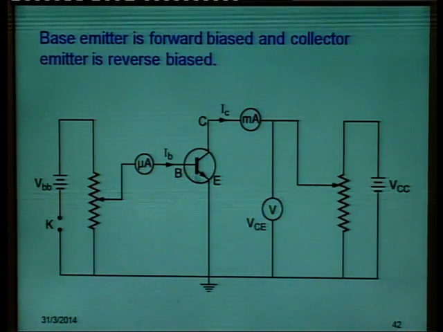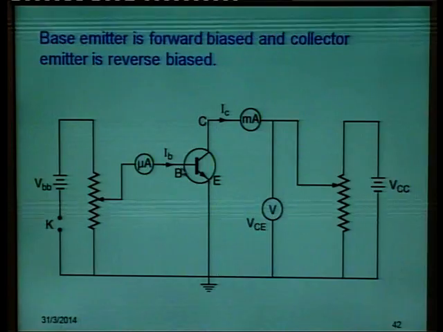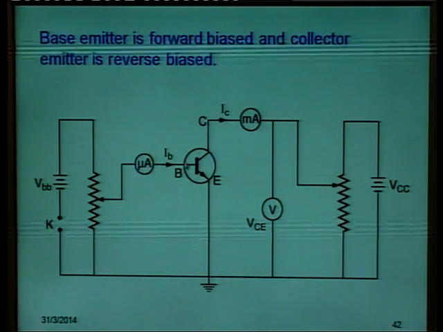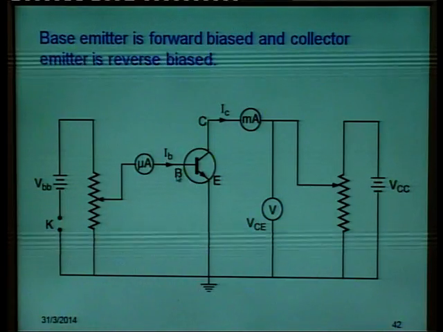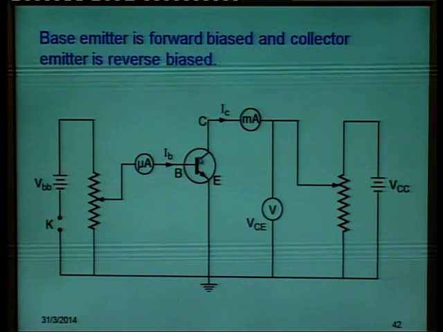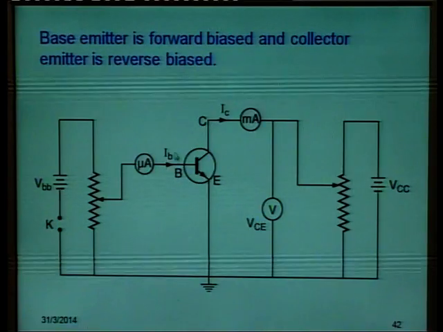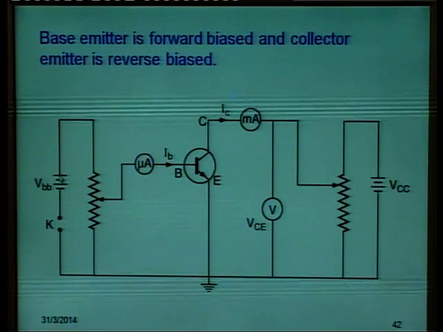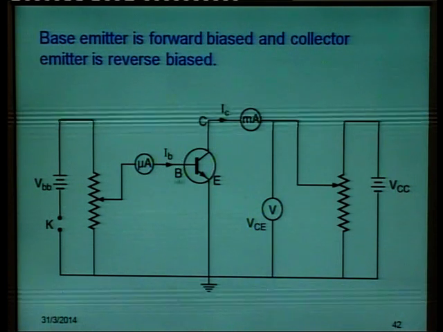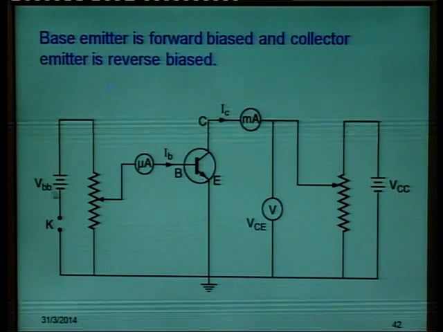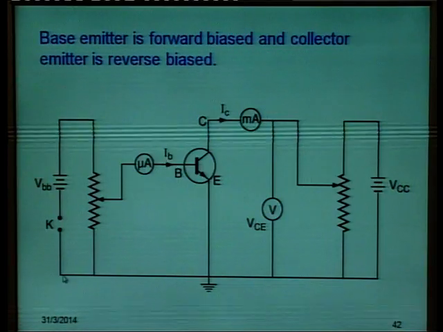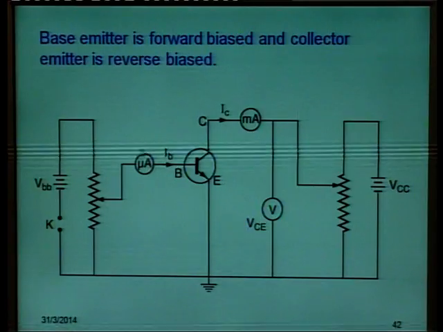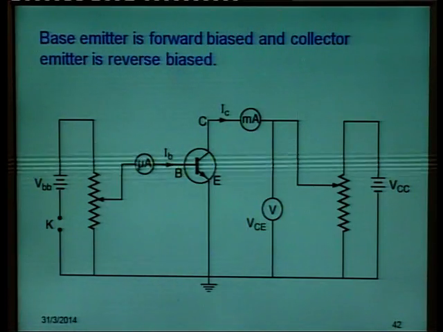This is the circuit diagram, in which if you see the emitter is earthed, and remember emitter base junction is to be forward biased. This is an NPN transistor that has been taken, base is P type. So, positive terminal of the battery is to be attached to the base, negative terminal of the battery is to be attached to the emitter. We have to note down the current, as base current is small.